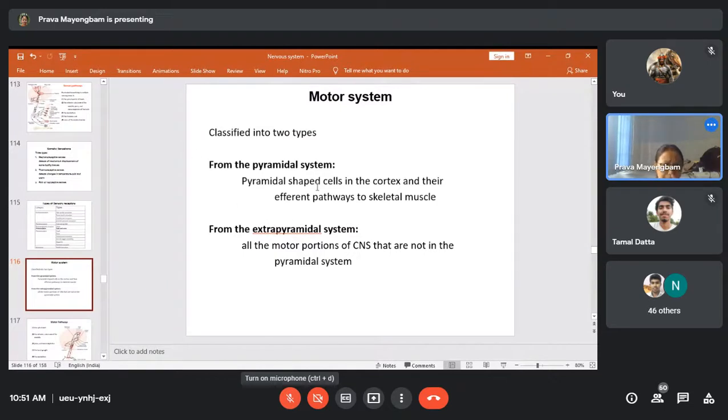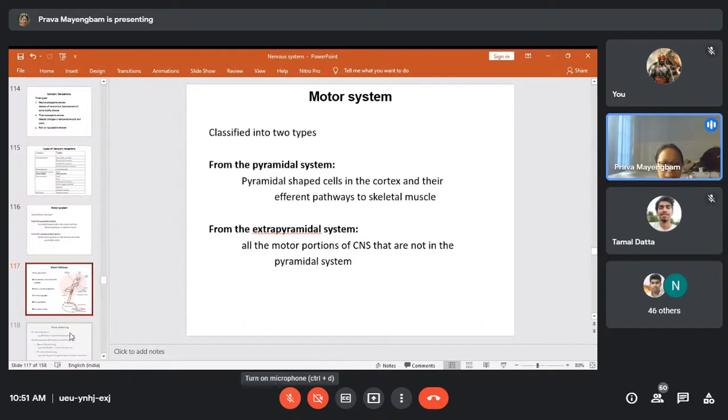The pyramidal system consists of pyramidal cells in the cortex and their efferent pathways to skeletal muscles. And the extrapyramidal system consists of all other portions of the central nervous system that are not included in the pyramidal system.